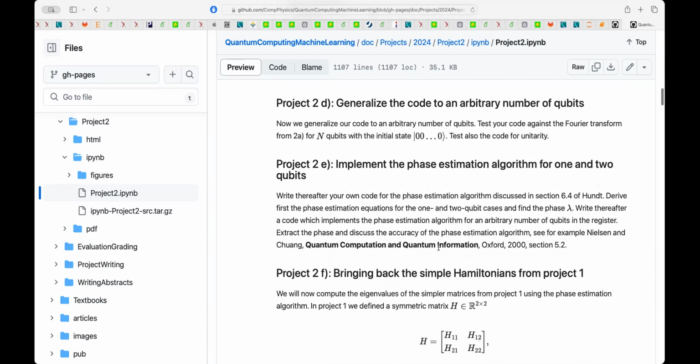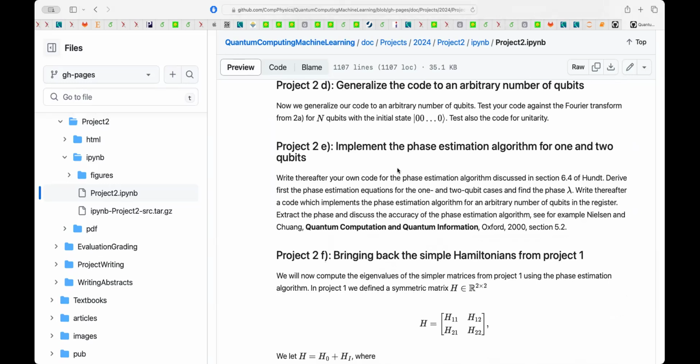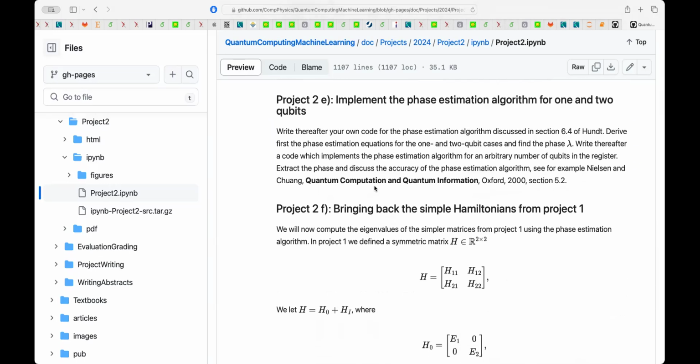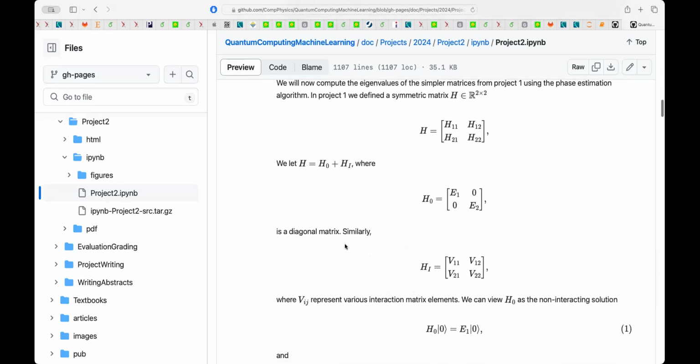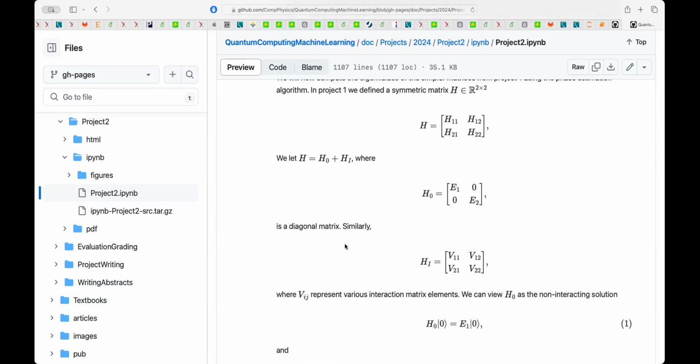Then we thought of implementing the phase estimation algorithm for 1 and 2 qubits as an example, and then trying to generalize that to more qubits. And then we thought of looking at, again, the simple Hamiltonian which you had in project 1, but you can decide whether you want to do that or whether you're interested in other problems here.